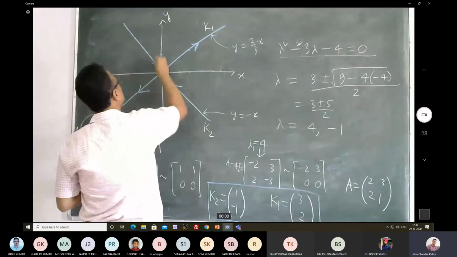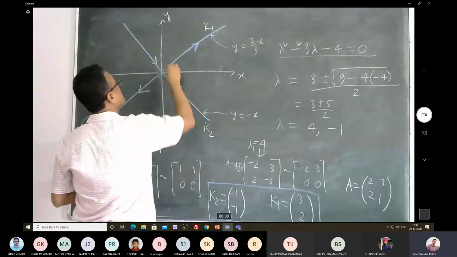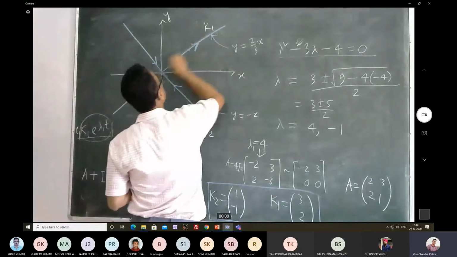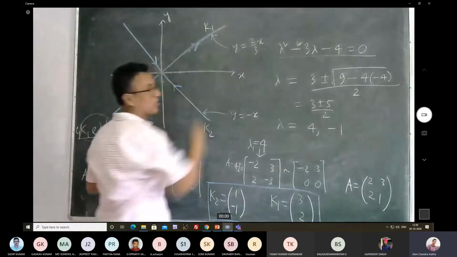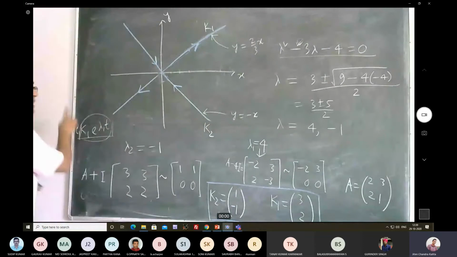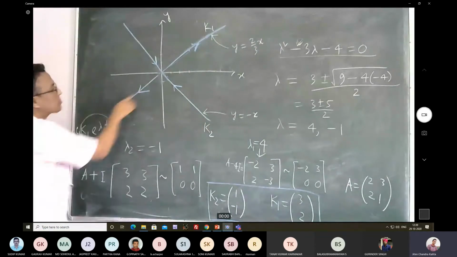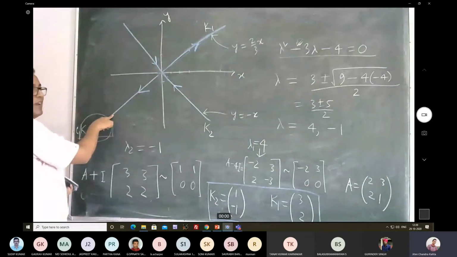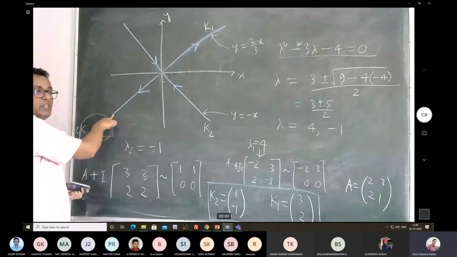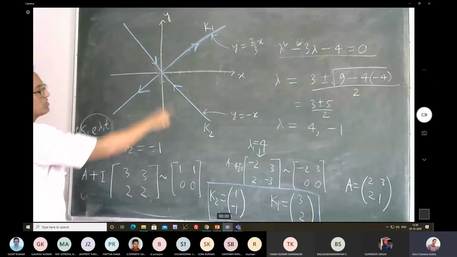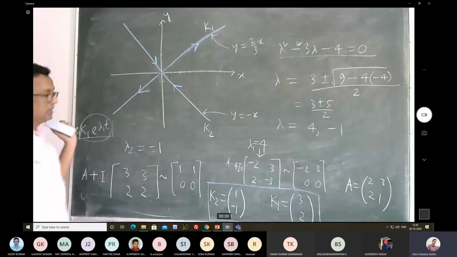Are you getting the point? So this part corresponds to C1 greater than 0. Similarly, this part corresponds to C1 less than 0, and similarly for C2 also. Okay, that part we are done.